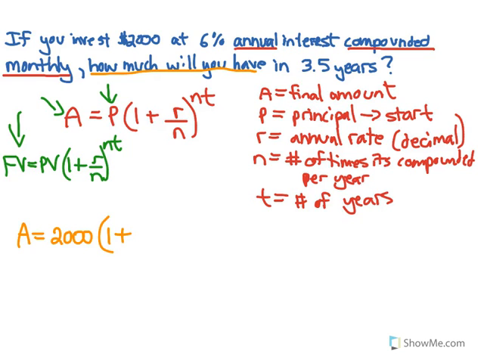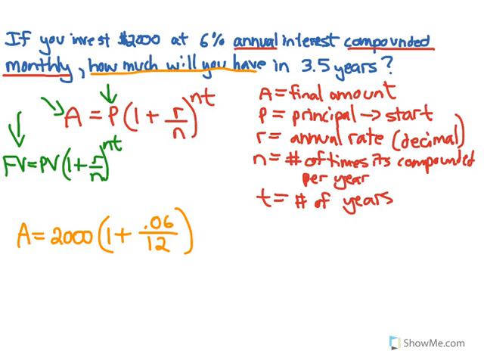So we're told it's invested at 6% annual interest. So annually it's 0.06, that's the decimal form of 6%, divided by N, the number of times it's compounded per year. Well, the interest is compounded monthly, it says. So if it's compounded monthly, that means every month. How many months in a year? 12. So it's going to be compounded 12 times per year.